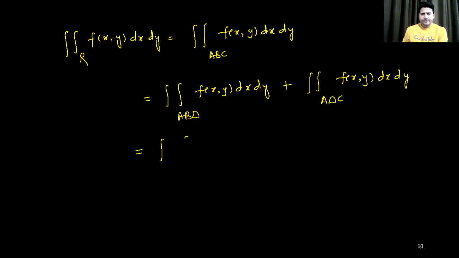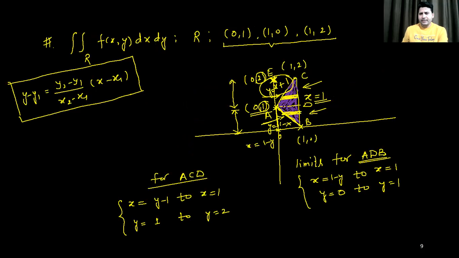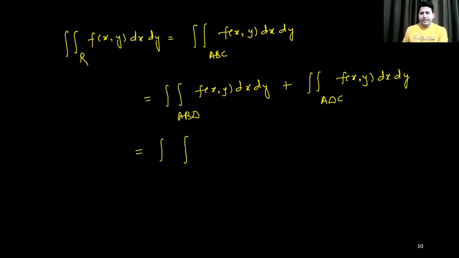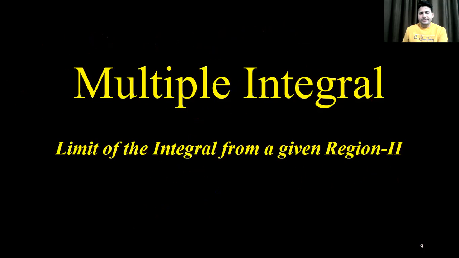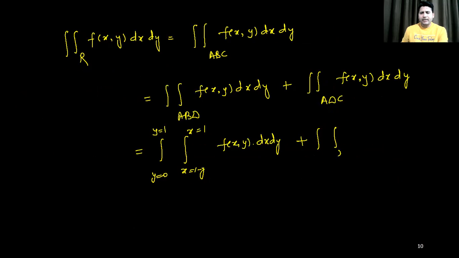Now put the limits. For the region ABD, the limit is x equal to 1 minus y to x equal to 1, and y equal to 0 to y equal to 1, f of xy dx dy, plus the second one, ADC, where the limit of x is from y minus 1 to x equal to 1, and y is from 1 to y equal to 2.